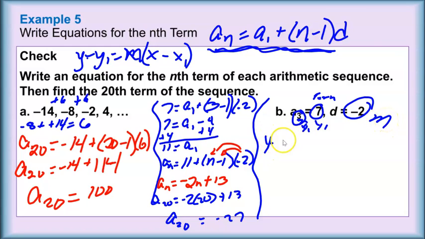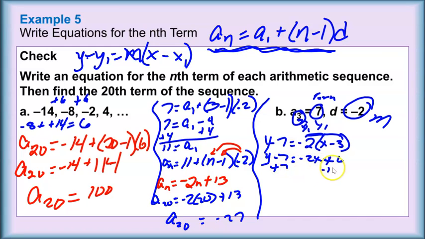So if I did y minus 7 equals the slope of negative 2 times x minus 3, and if I simplify this, I would have y minus 7 equals negative 2x plus 6. To get y by itself, I'm going to add 7. And we would have y equals negative 2x plus 13, which is the same equation as I have right over here.